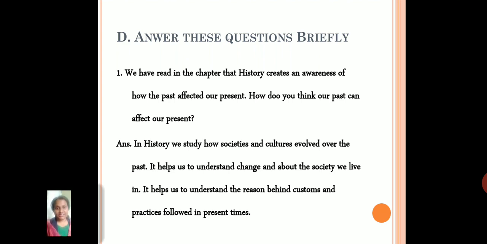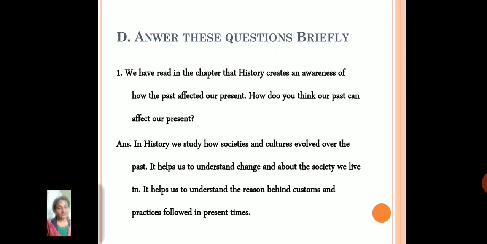Okay, so A capital. Answer these questions briefly. B-R-I-E-F-L-Y. Please copy the correct spellings from the textbook. Answer these questions briefly. Now leave one line and write the question from the textbook. We have read in the chapter. We have read.